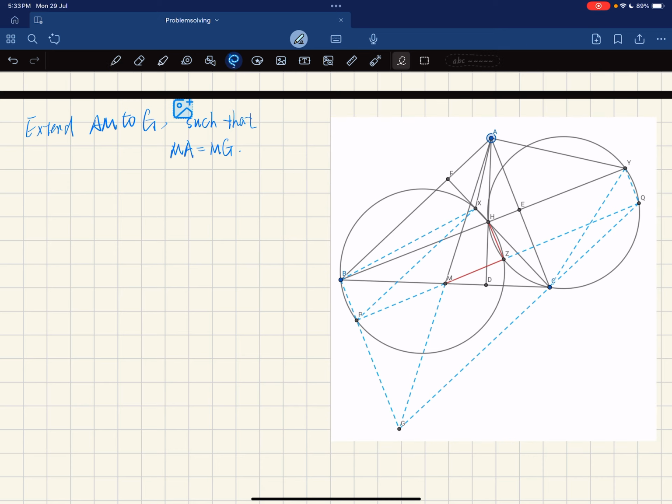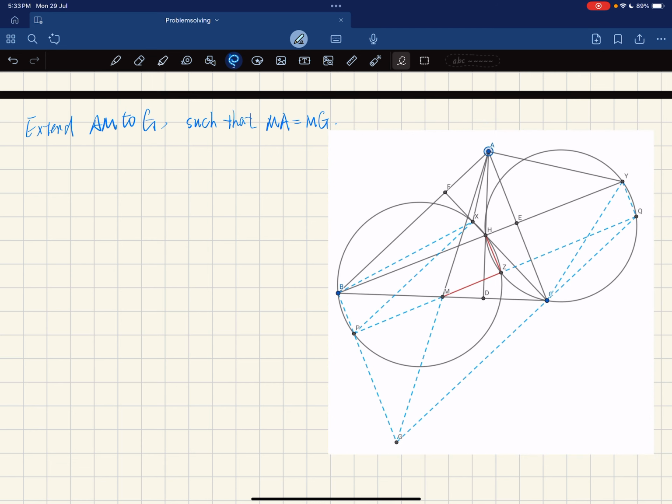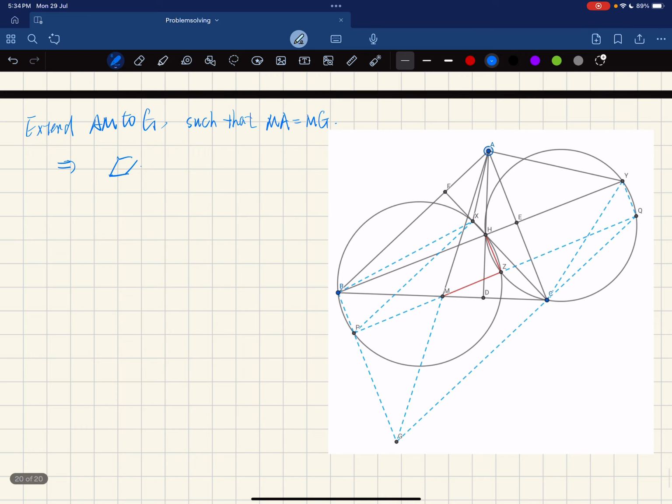So what can we have? We can have a parallelogram here, which is ABGC, right?